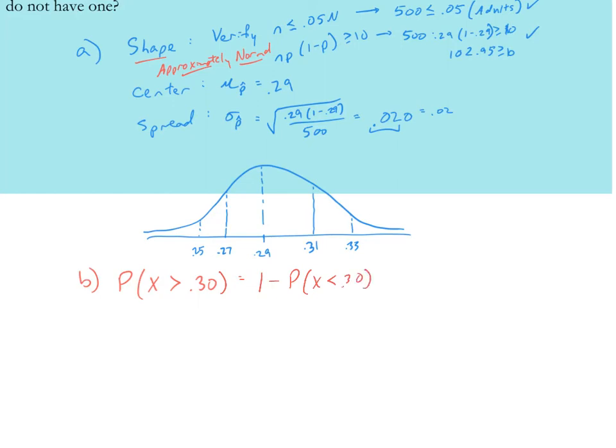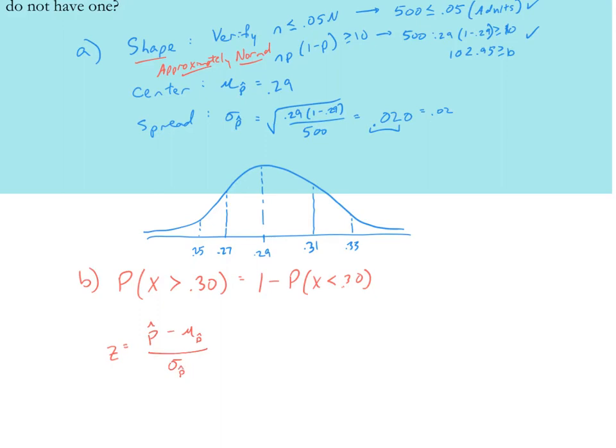So how do I do that, though? In order to use my z-table, I have to have a z-score. So that's what we have to do next. We want to go and compute z equals x minus mu over sigma. Looks a little bit different in this section. Z actually is going to equal p hat minus mu of the sampling distribution over sigma of the sampling distribution.